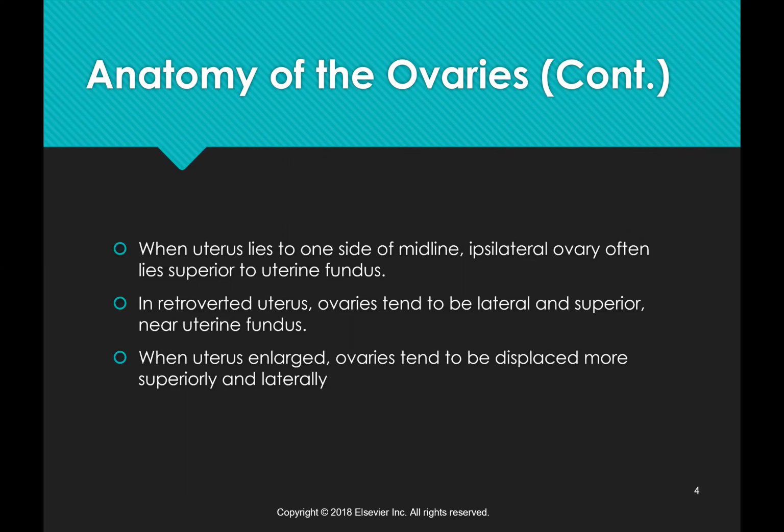With a retroverted uterus, the ovaries tend to be more near the fundus, so looking towards the fundus is going to be your best bet. And when the uterus is enlarged, the ovaries are usually displaced more superiorly and laterally.